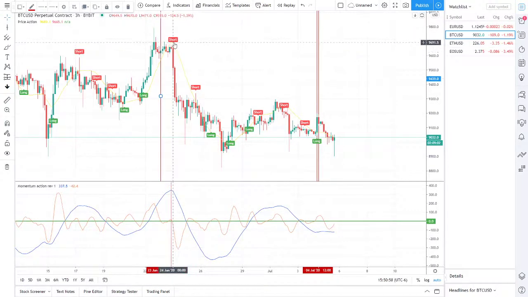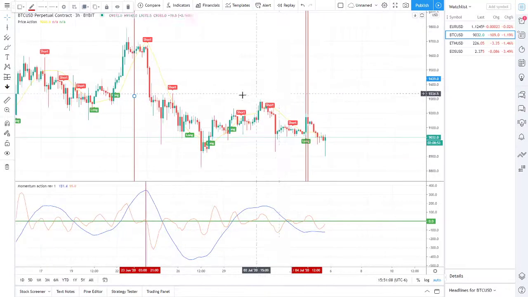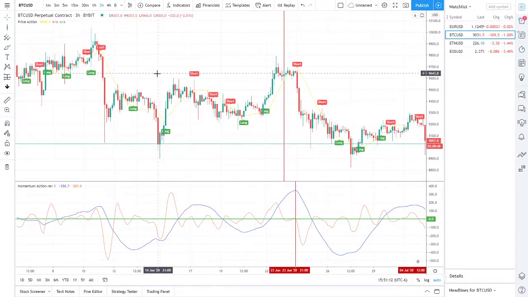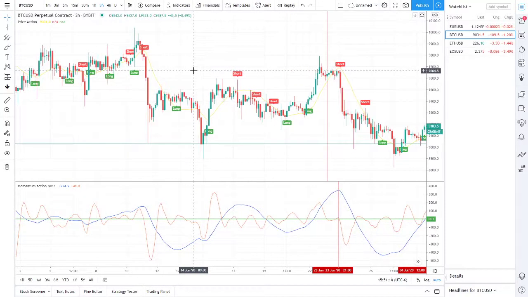But in such a case, even if you don't see this label here as short, you can enter the position manually. It will be good. So this is a brief explanation of how this strategy works.